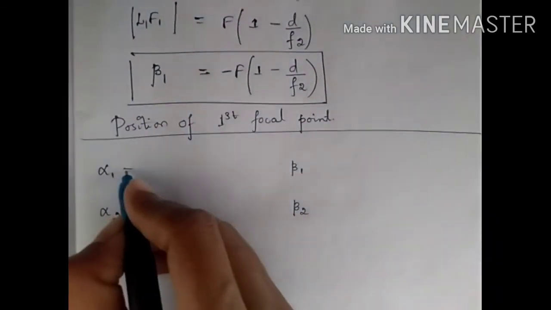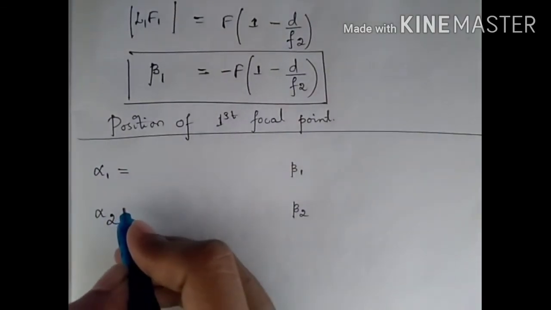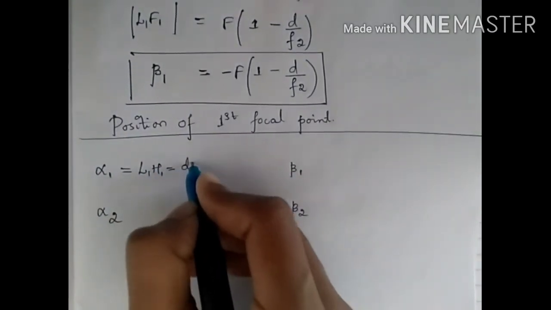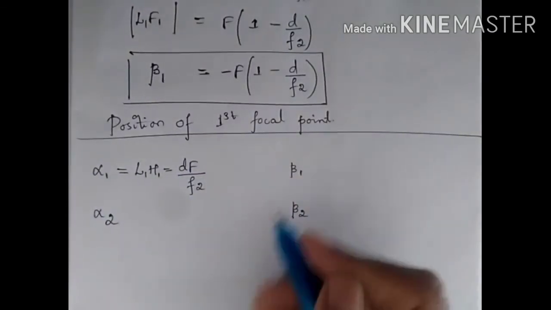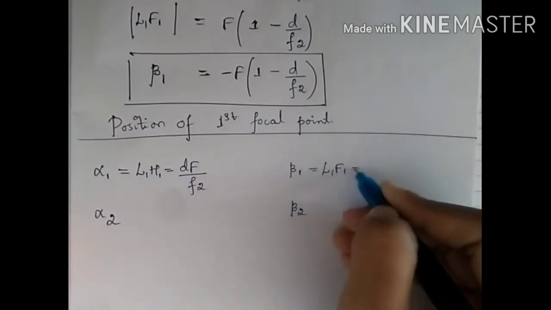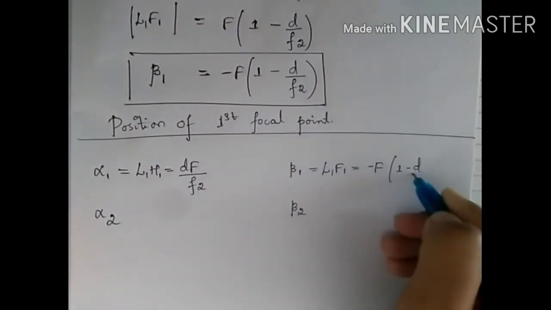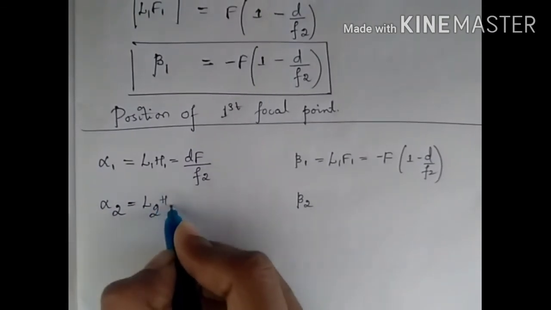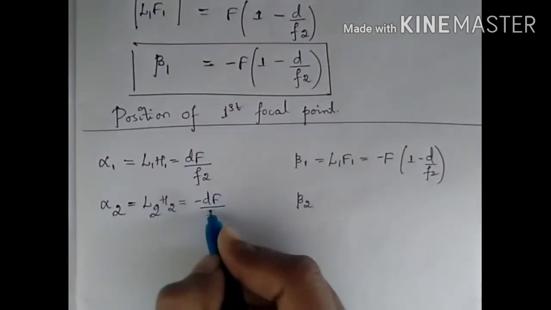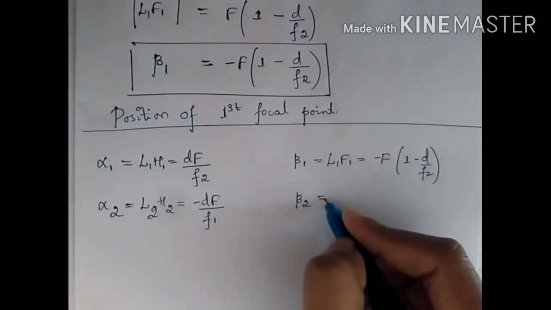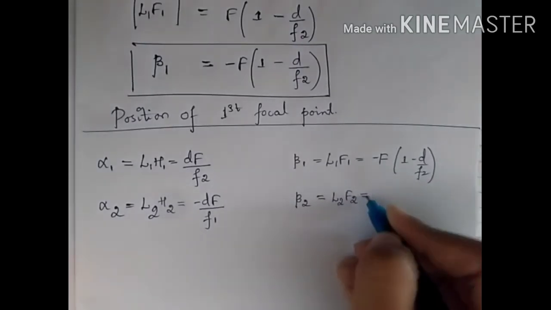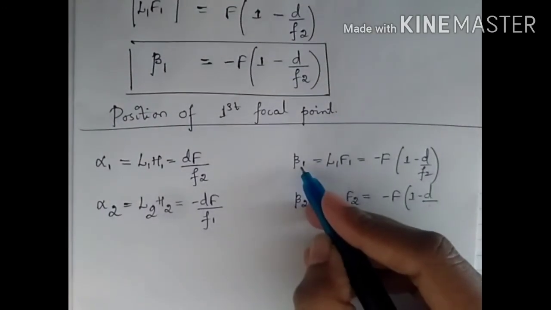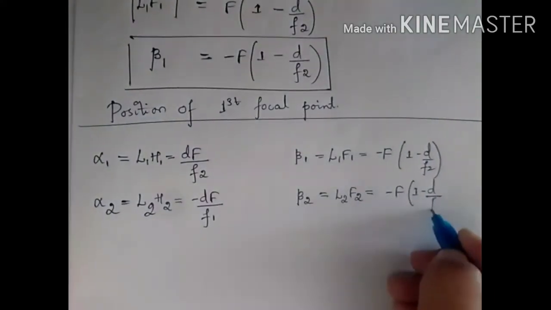So alpha 1 is equal to L1 H1, which is equal to DF by F2, and beta 1 is equal to L1 F1, which is equal to minus F times 1 minus D by F2, and alpha 2 is L2 H2, and this is minus DF by F1, and beta 2 is L2 F2, and this is minus F times 1 minus D by F1.